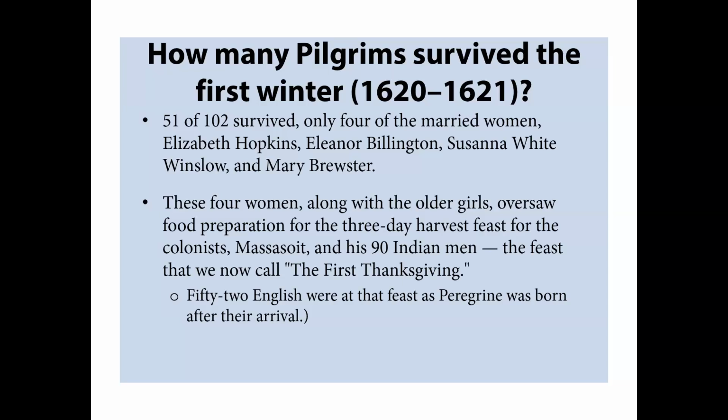So these four women, along with any of the older female children, would have been responsible for the three-day harvest feast, thinking about that first Thanksgiving that was held with Massasoit and his men at that time. That would have been a lot of work for them to produce. It's estimated that there were 52 English at that feast, as Peregrine White was born later, after their arrival.